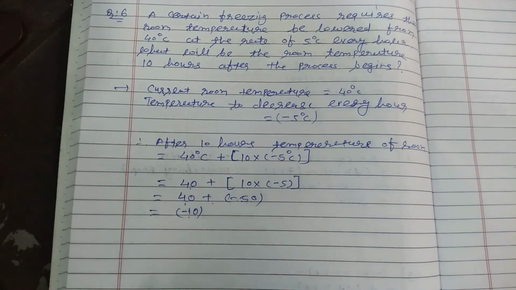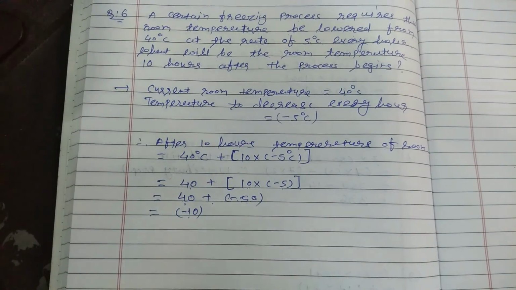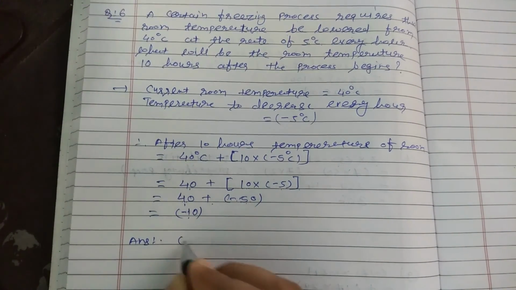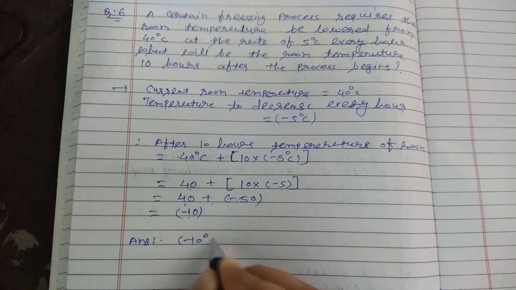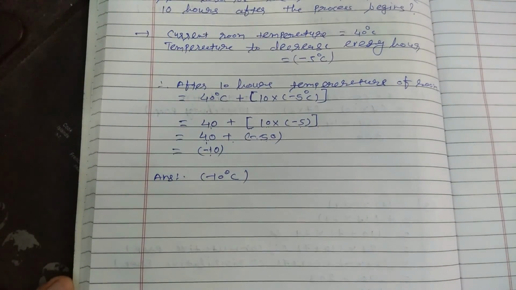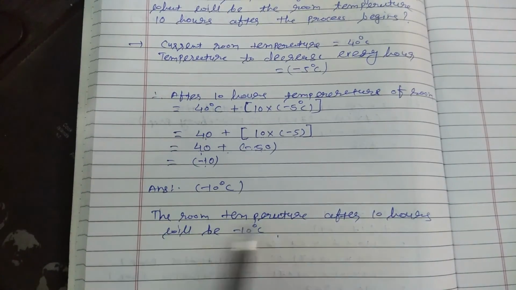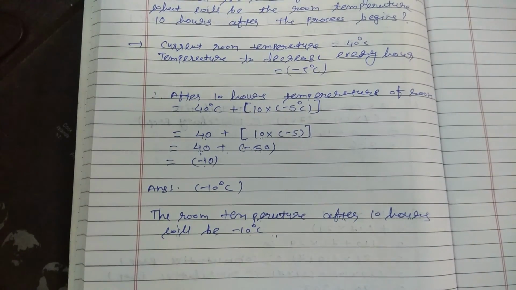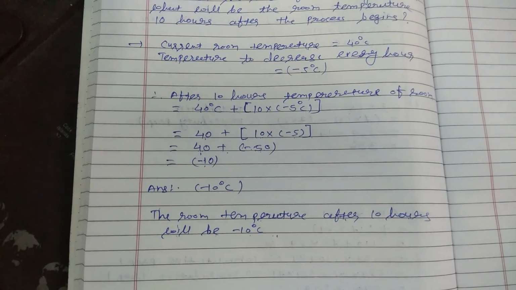This answer will come in degrees centigrade. So the answer is minus 10 degrees centigrade. So the room temperature after 10 hours will be minus 10 degrees centigrade. So this question 6 is over. Thank you.